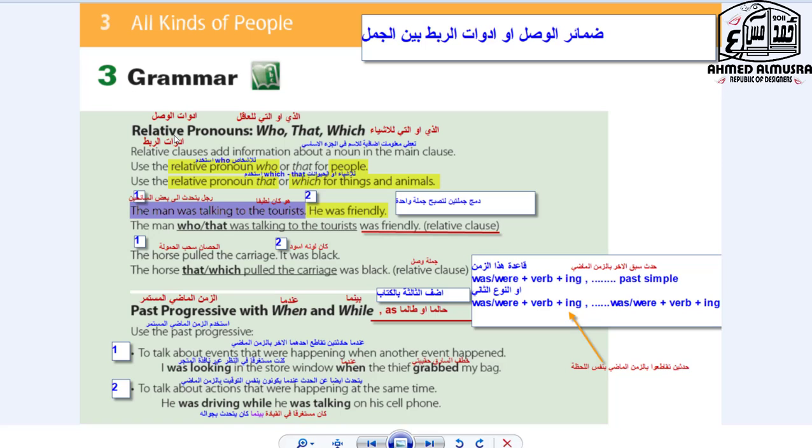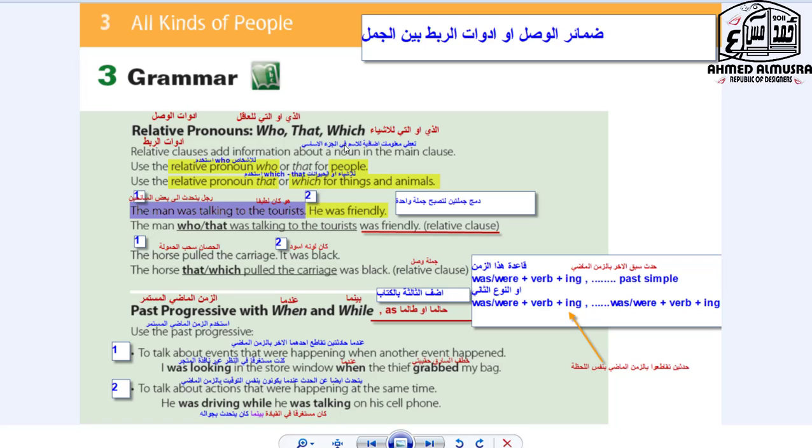Relative clauses or relative pronouns, actually, are five: who, which, where, when, and that. Five items. Here only three items: who for persons, that for persons and things, and which for things.